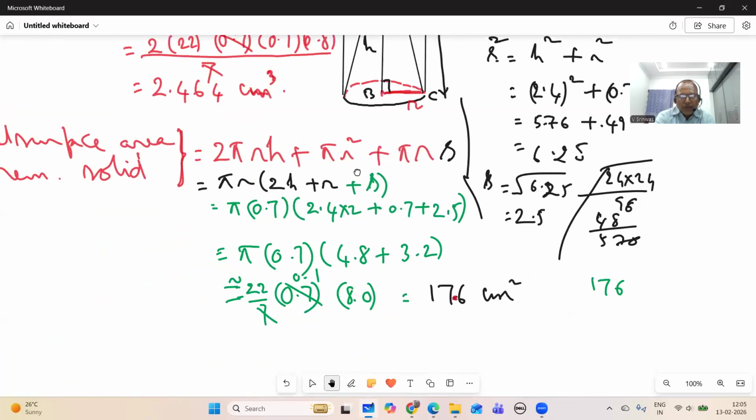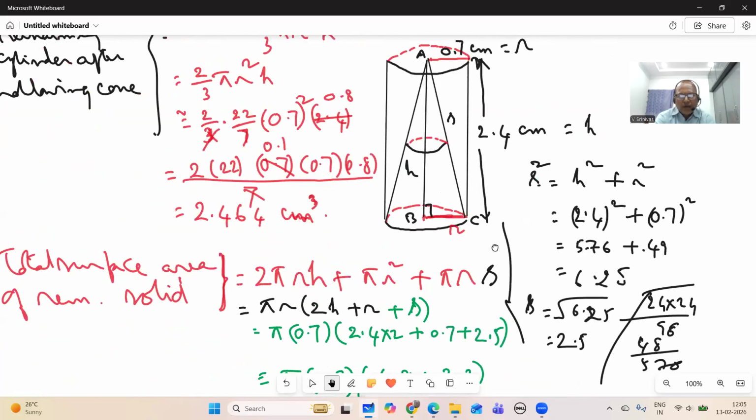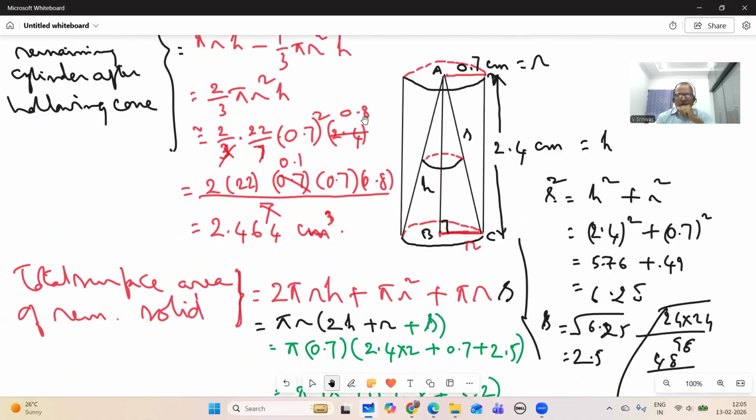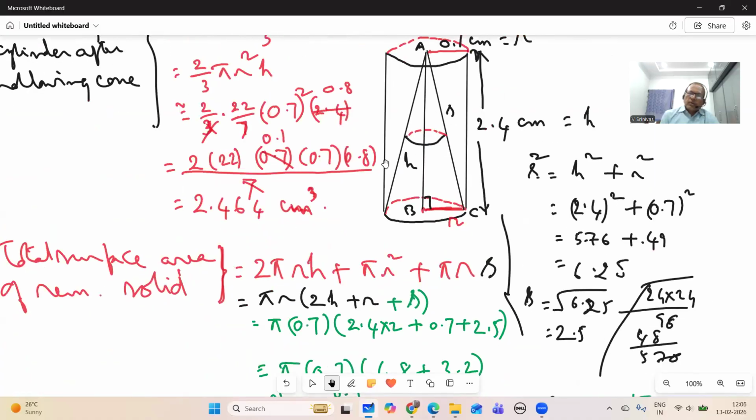Next, we have to calculate the total surface area of the remaining portion after hollowing out this cone. Right? The total surface of this object after hollowing out the cone is formed of which surfaces?